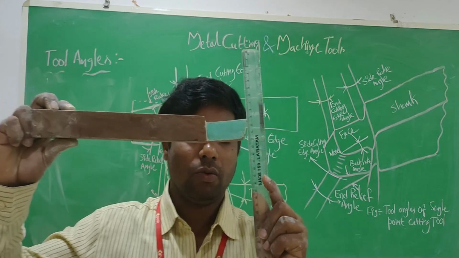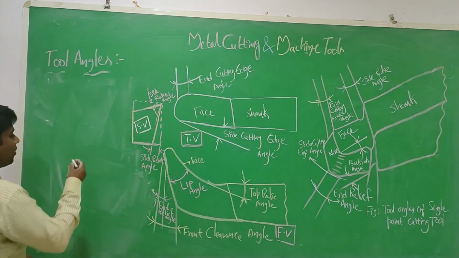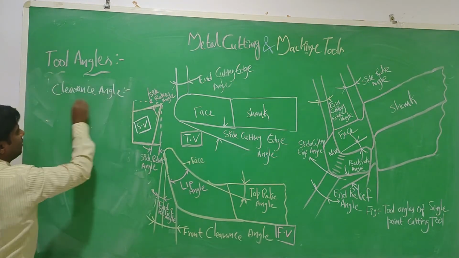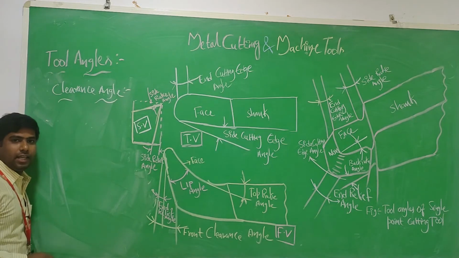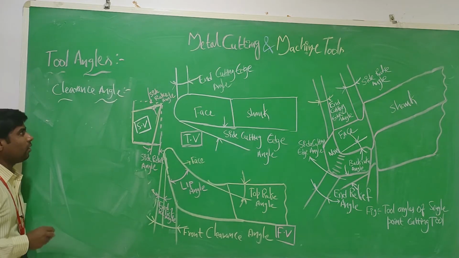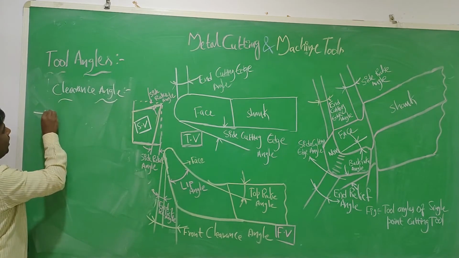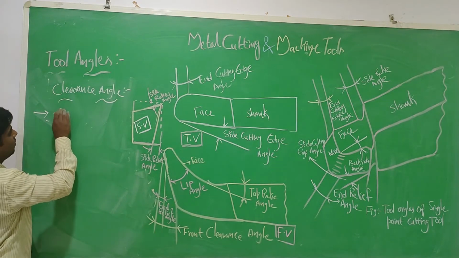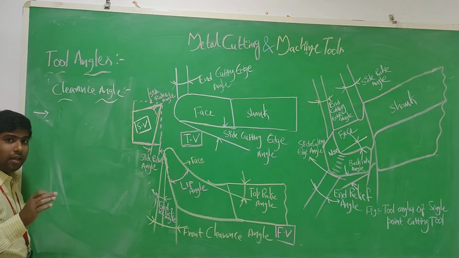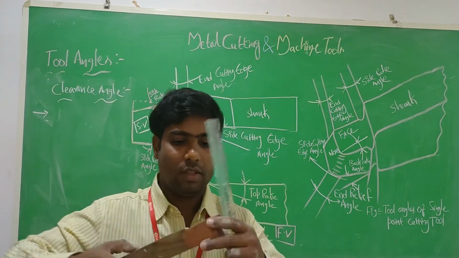Okay, friends. So what is clearance angle? We will discuss clearance angles. Clearance angle means the angle between the face of the tool and the plane perpendicular to the base.